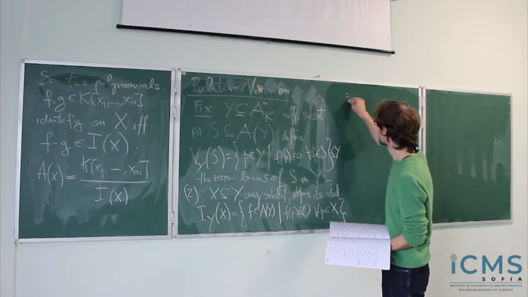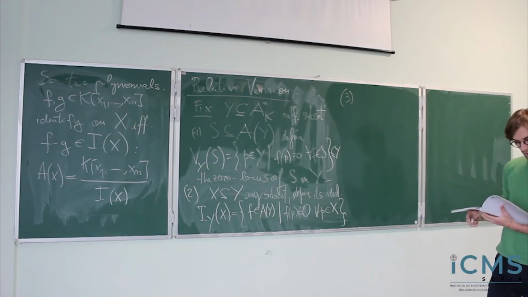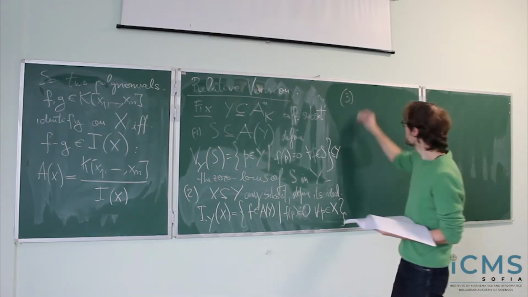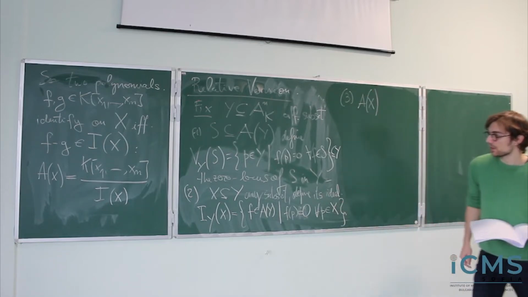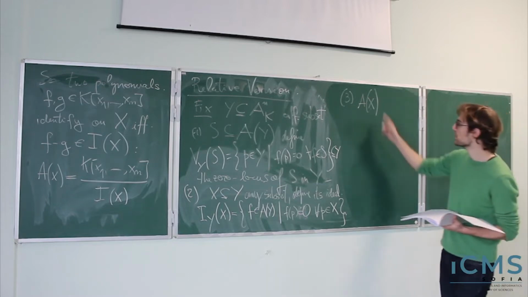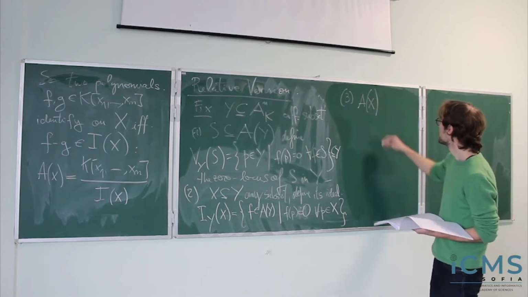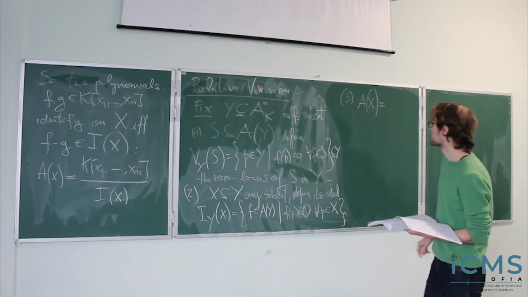So just like in the global case, we can actually recover, for such a subset, its coordinate ring from its relative versions.